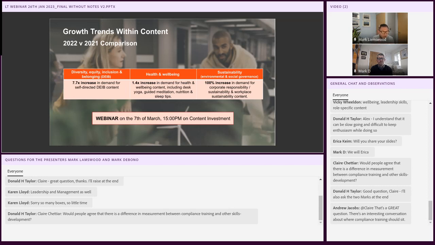Health and well-being, 1.4 increase in demand. Again, for some titles like desk yoga, guided meditation, nutrition, sleep. We went through an awful lot of change in the pandemic, and people have identified that health and well-being is really crucial. And the number of organizations that are now offering this content has increased dramatically. Again, it can be really important for employee engagement, also for the productivity of your teams.